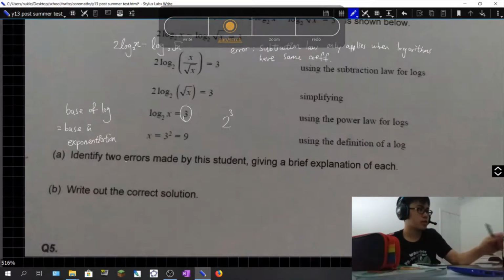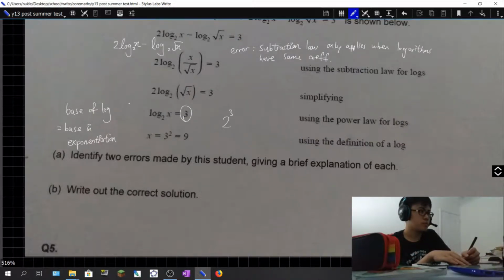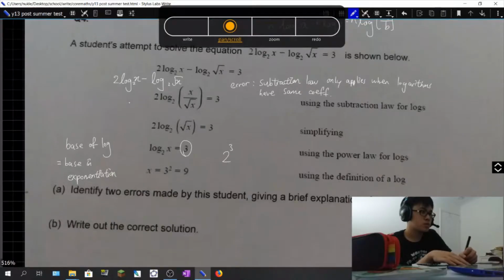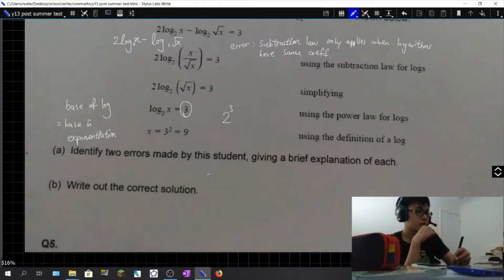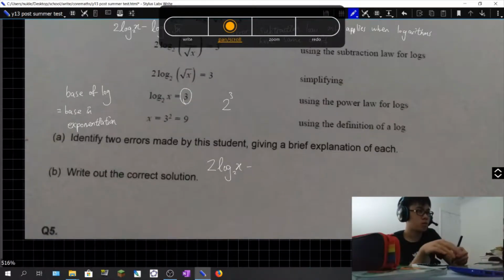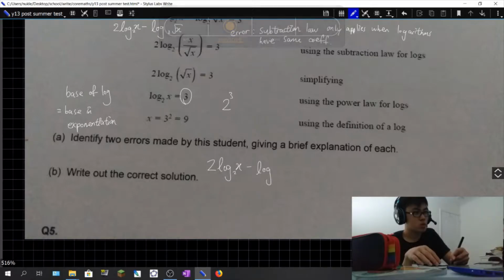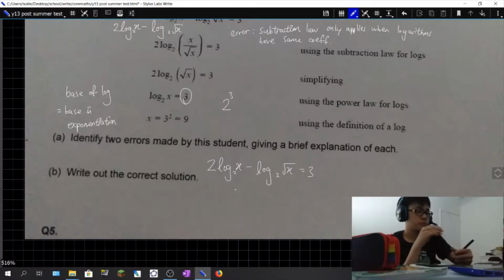Okay, so now we're going to solve it correctly. So the original equation is 2 log x base 2 minus log square root x base 2 is equal to 3. So what we want to do before we do the subtraction law is make sure that they have the same coefficient.